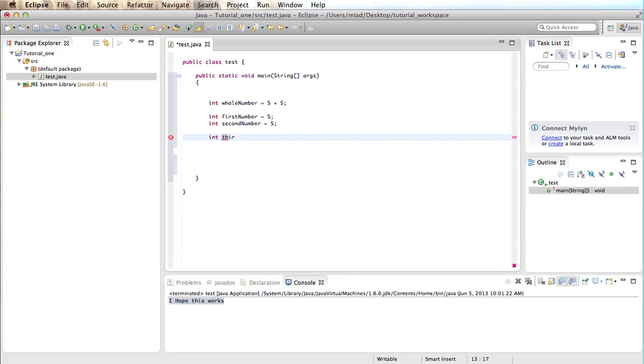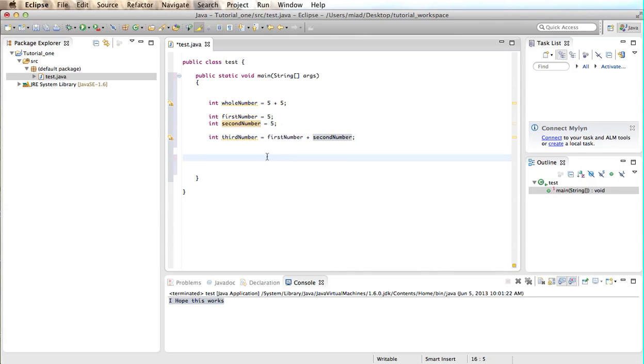But you're like, I want to challenge your computer. So you say int third number equals, and the computer's like, okay, what are you going to do here? And you write something clever like this. Okay, so what do you guys think is going to happen here? Well, because this is only a reference to what is actually inside the safety deposit box, like in the bank, and what is actually in memory for the computer, this is actually representing 5.